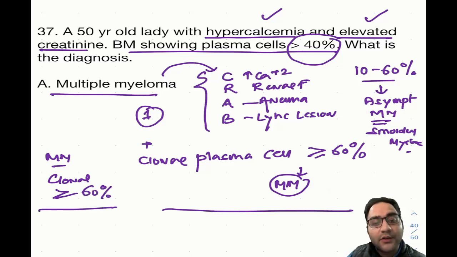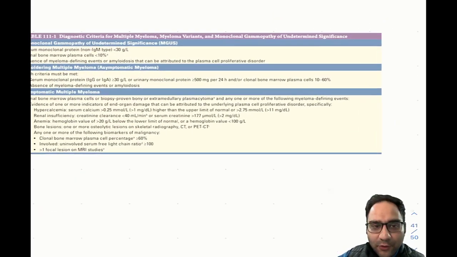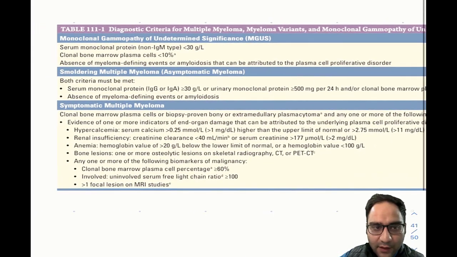The population of plasma cells should be more than 60%. But here it is 40%. But I guess you cannot call it an asymptomatic multiple myeloma here, considering the symptoms they have. So either this could be a sampling error or this could be a recall error. But given the options and given the scenario, our answer would be multiple myeloma, right? So let's go through this table that you have in Harrison.